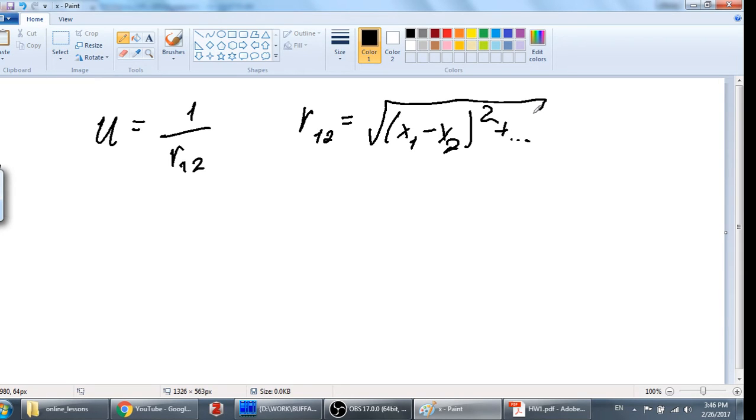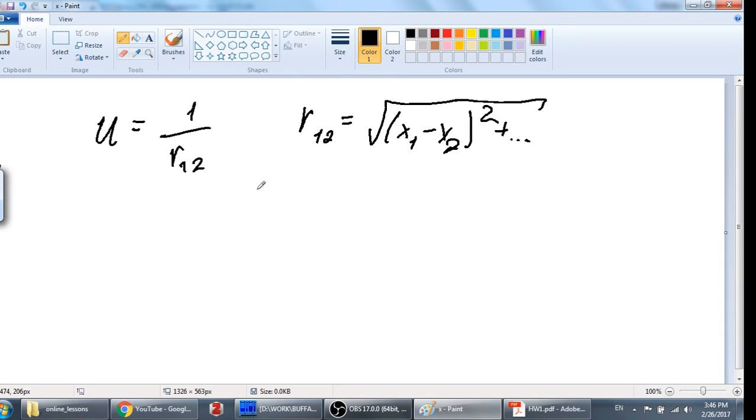Right now I'm going to differentiate with respect to x1, and from the point of view of x1, all the other variables, y and z, are constants. And I can also do it in a simpler, simplified way.